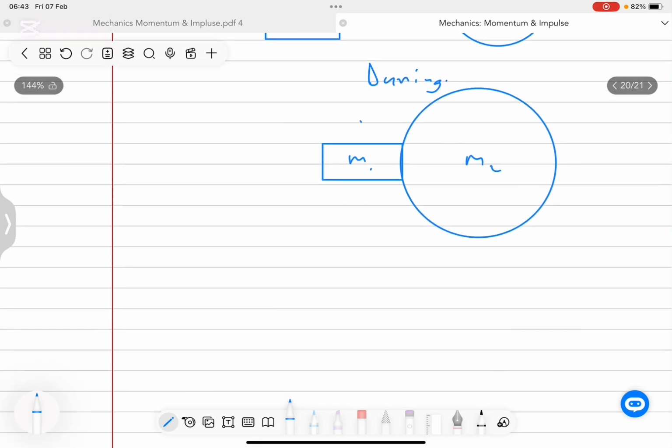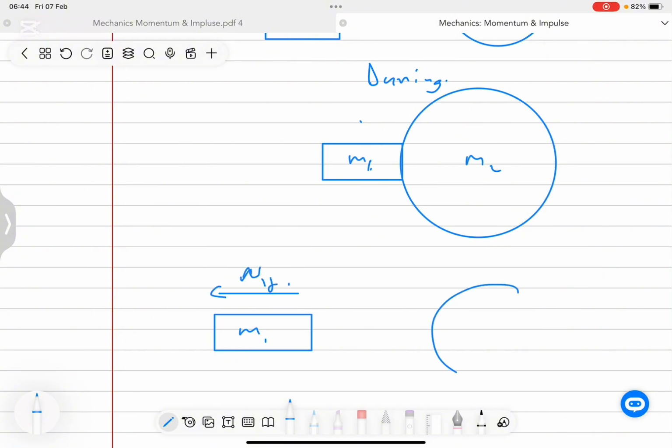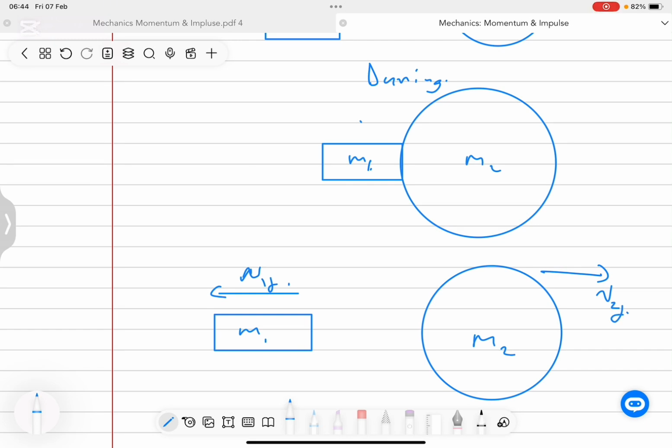And after they collide, let's say our m1 moves with some final velocity here, v1 final, and our m2 moves in that direction with some final velocity v2 final.